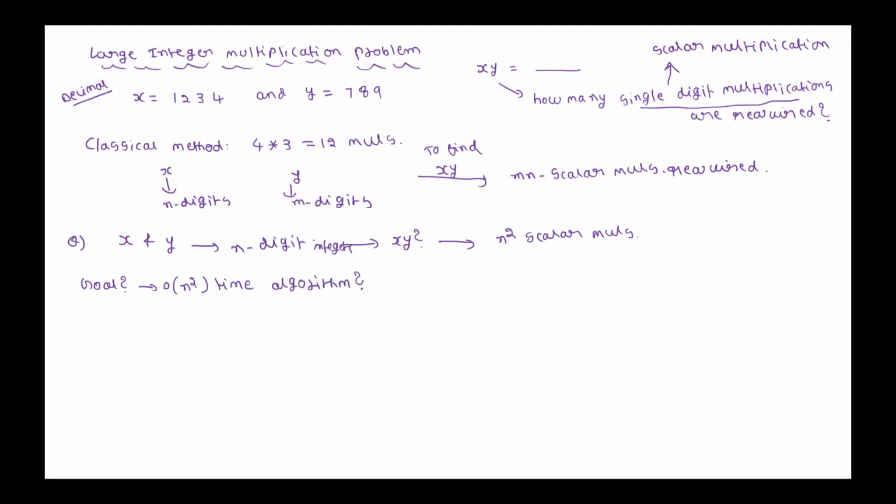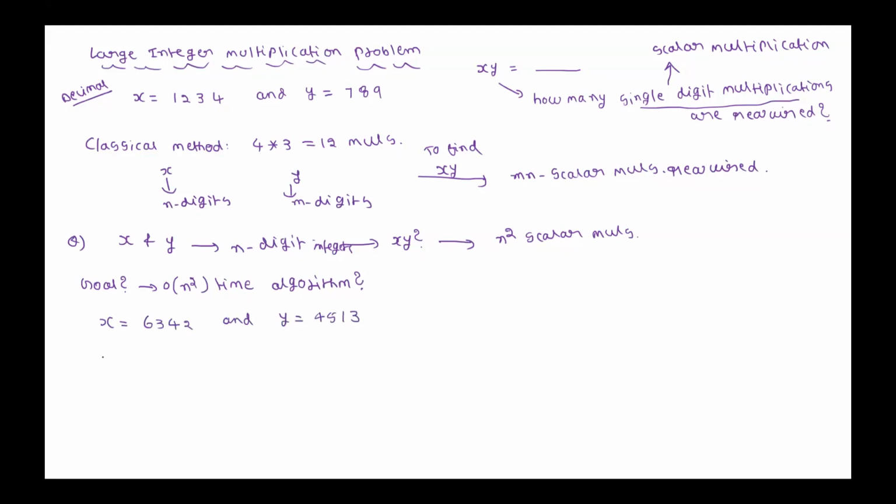Now we learned one algorithm design technique called divide and conquer. So is it possible to apply the divide and conquer method and get a better running time for this problem or not? Say x is 6342 and y is 4513, something like this.